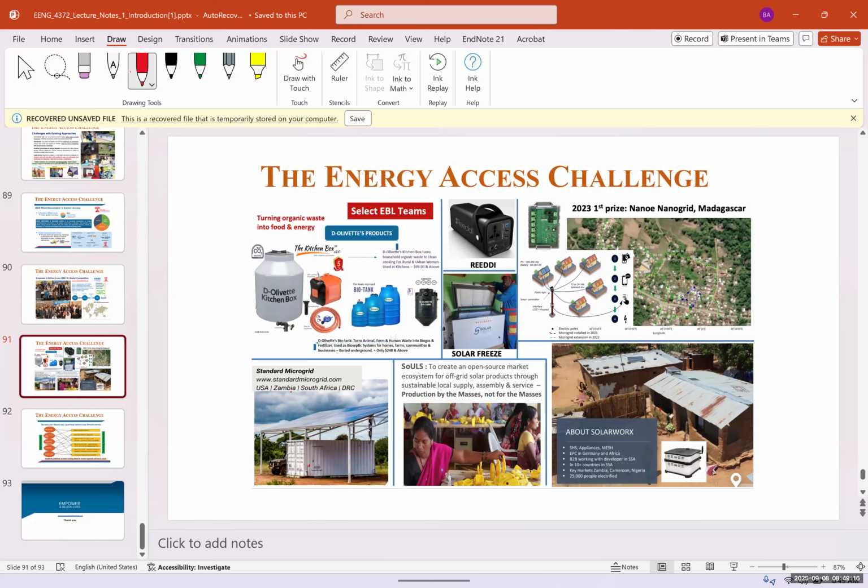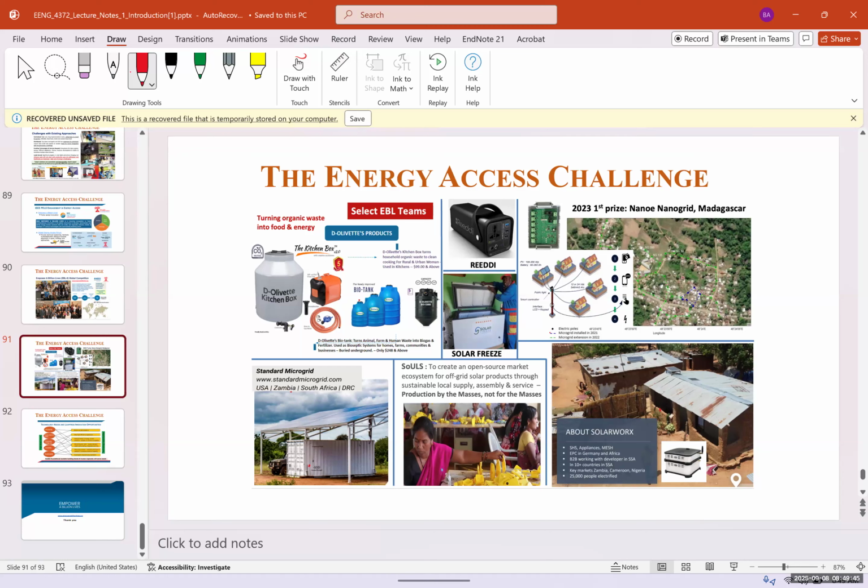Obviously, building a solar panel is a little more challenging, but building the structure for the solar panels, the switches, some wiring and connectors could be done locally. So you would create jobs and you don't need to transport the equipment to the site, and it's going to be much cheaper and faster as well.